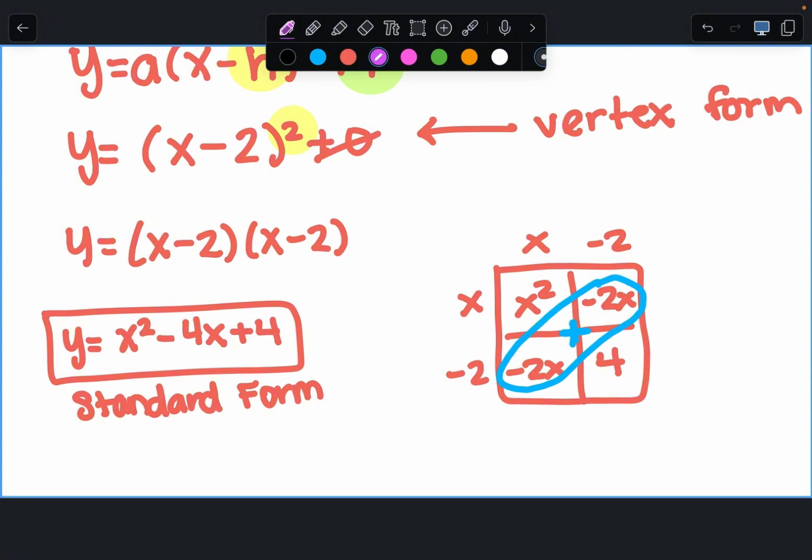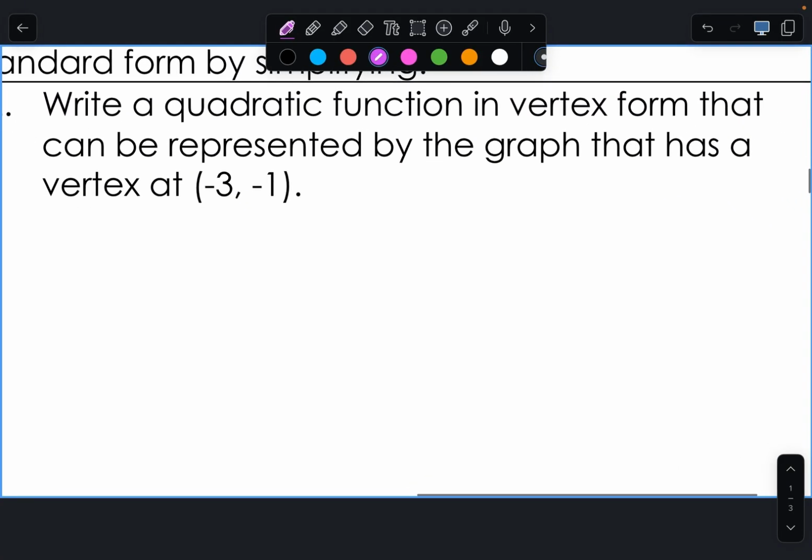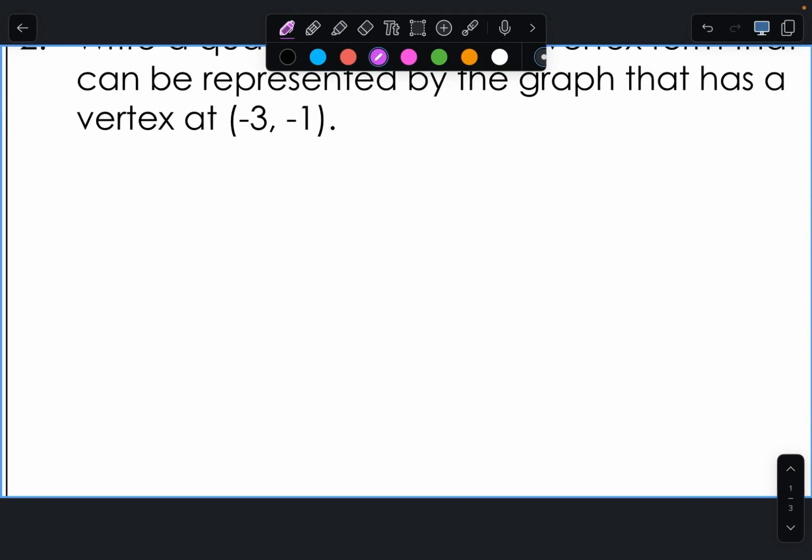All right, then, number 2. Write a quadratic function in vertex form that can be represented by the graph that has a vertex at -3, -1. So label your H and K. We already wrote our vertex formula on the other side, so I'm going to skip that step, okay?